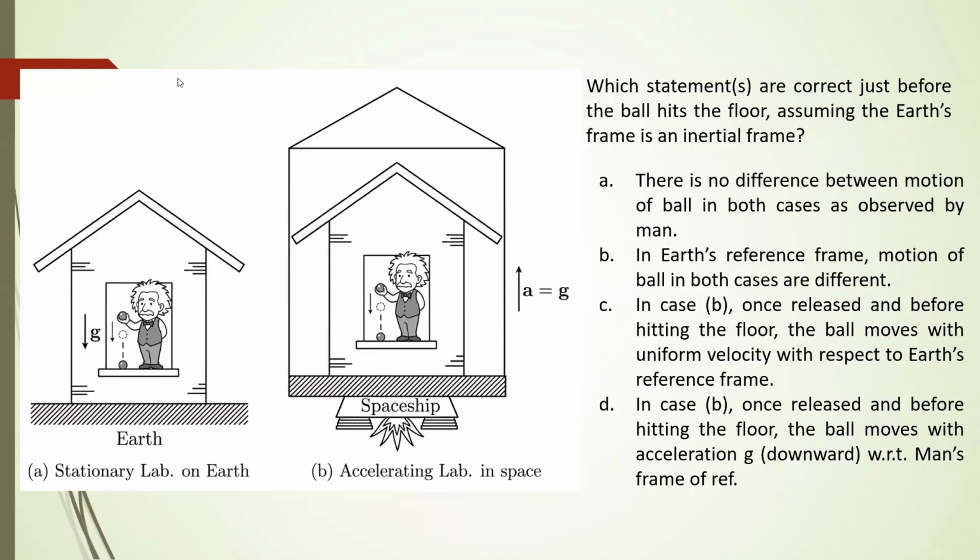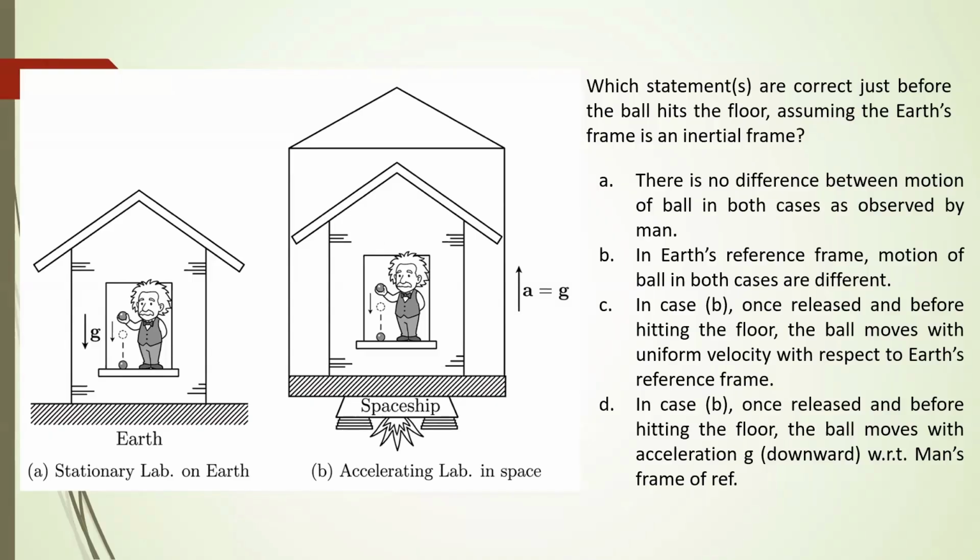In the Earth reference frame, the motion of the ball in both cases is different, because the outside observer sees the ball accelerating towards the ground. In case B, from an inertial frame, he will see the ball move up with a constant velocity. Maybe it doesn't sound well, but I thought the floor will accelerate up to meet it.